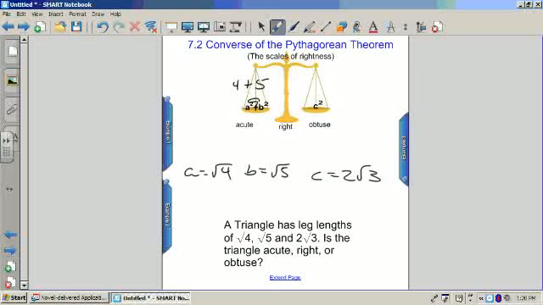C squared, remember, to square a number means to multiply it by itself, so c squared is 2 root 3 times 2 root 3.